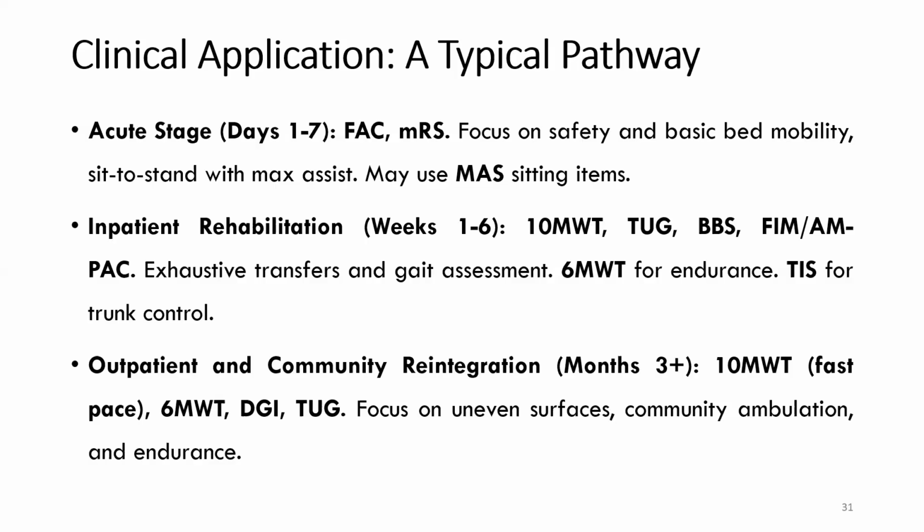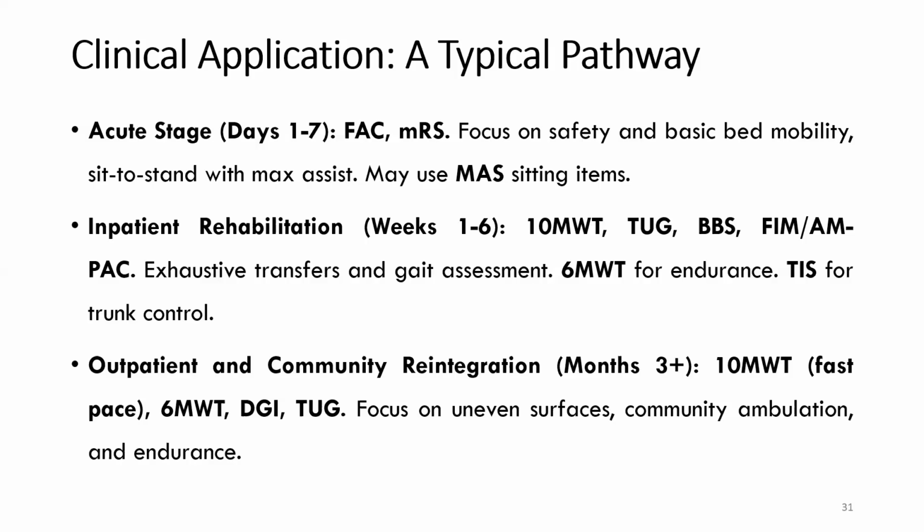As the patient progresses, then you can begin sit to stand, maybe from the bed. The patient should be able to stand, but in this case, the patient requires maximum assistance, maybe due to the weakness, especially in the affected side. And then other people can stabilize the limb, maybe stabilize the joints in the affected side. So you can also use the MAS sitting items in this acute stage.